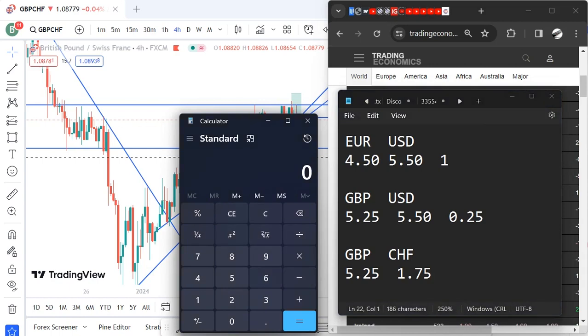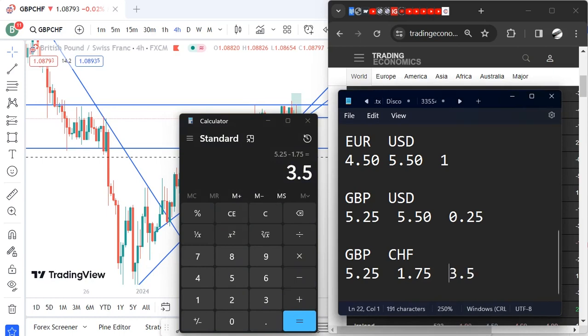The difference between the two will enable us to know how the market is trending. 5.25 subtract 1.75. Can you see that? We have 3.5. So far you can see that this pair has the highest interest rate differential.